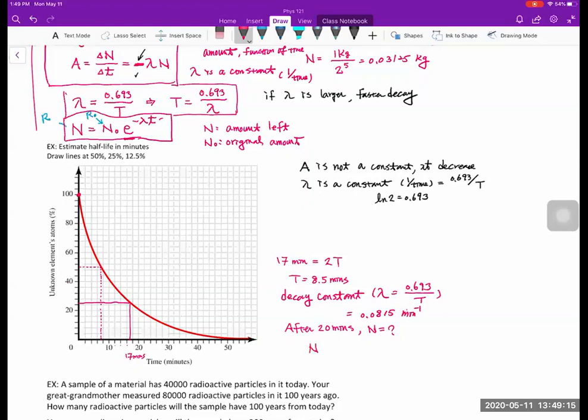N after 20 minutes is equal to your original amount multiplied by the exponential of minus lambda t. Lambda is 0.0815 minute inverse, multiplied with the time, and the time is 20 minutes.